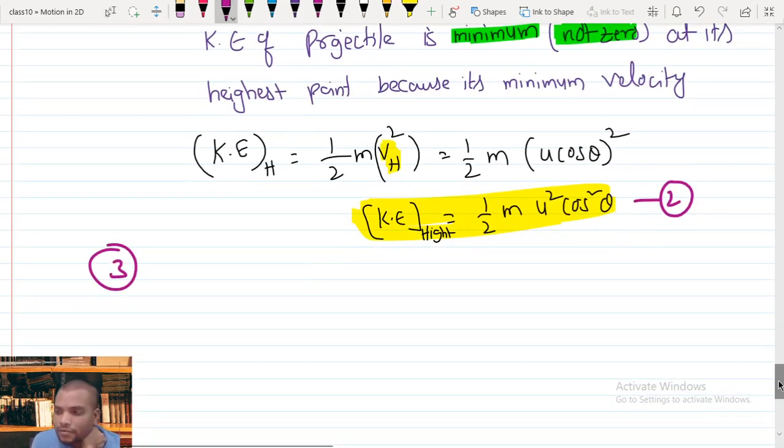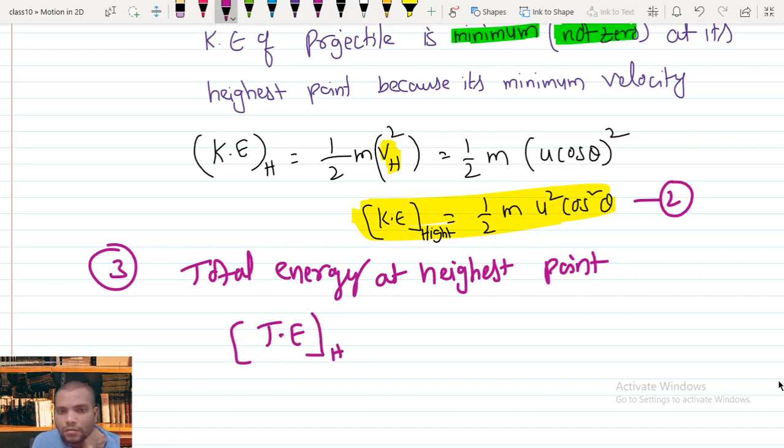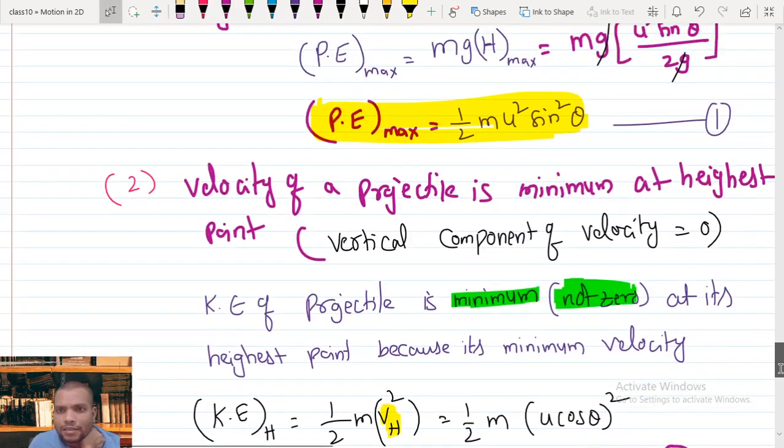For the third case, we need to find the total energy at highest point. Total energy at highest point equals potential energy at highest point plus kinetic energy at highest point. And we got the two equations here. Just combine equation 1 and equation 2.